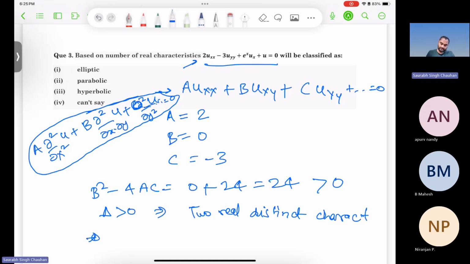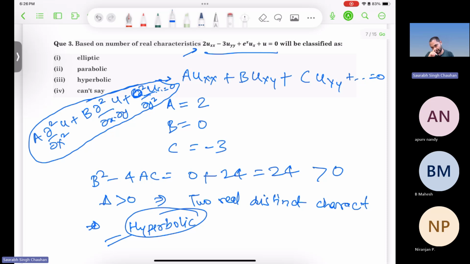So is this elliptic, parabolic or hyperbolic? This is hyperbolic, because this is positive.